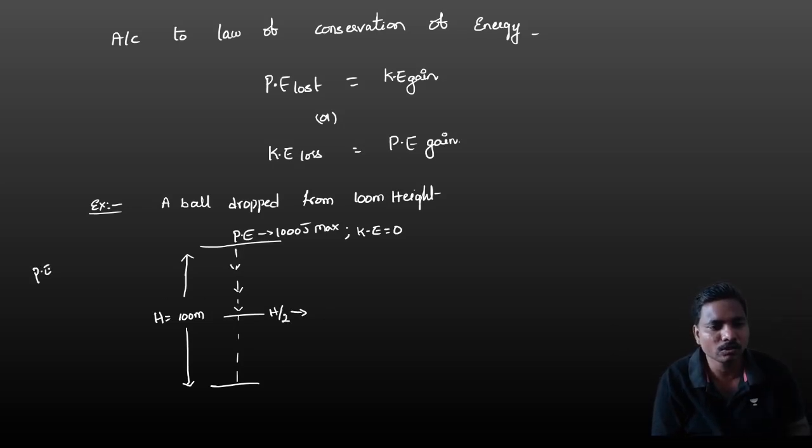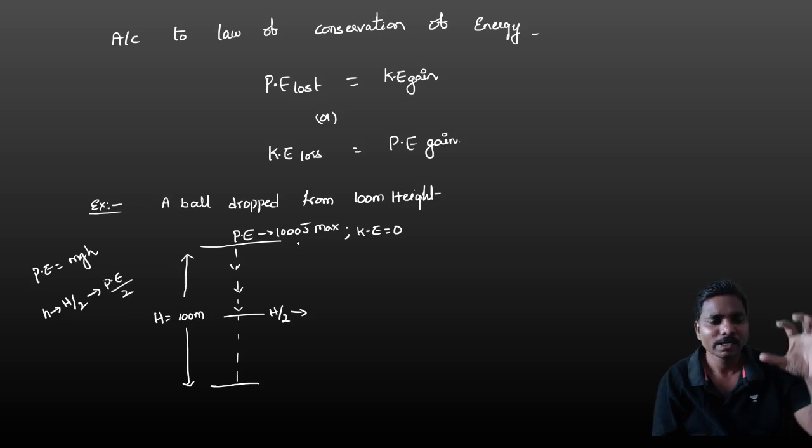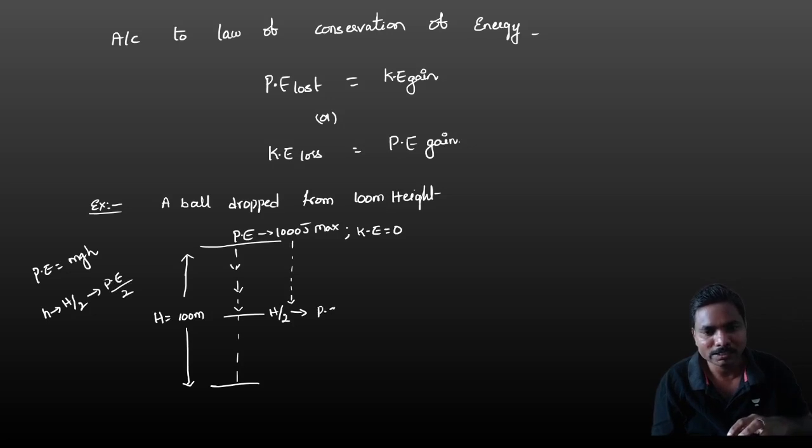Potential energy is equal to mgh. As the height is half, potential energy is half now. So potential energy is going to be reduced from 1000 to 500 joules. And whatever it is losing, now the ball is moving.